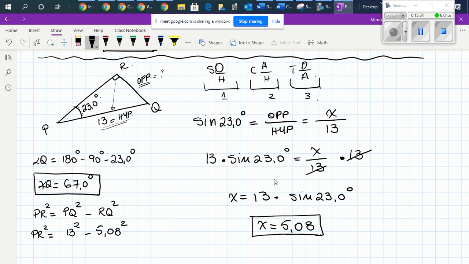And again, in your calculator, you take 13 squared minus 5.08 squared, square root the answer, and you will have PR as equal to 11.97.